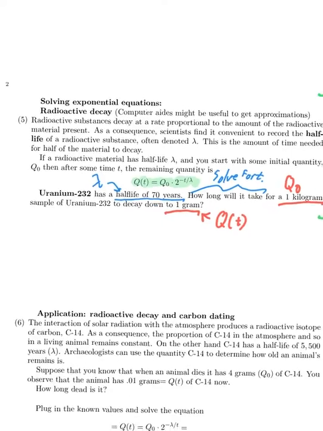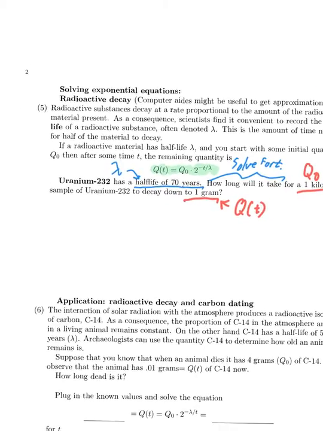So it looks like you want to solve for the amount of time that's passed. So let's just use all that. Apparently we want to solve for t, and let's write down the equation. So the end quantity is 1 gram equals 1 kilogram times 2 to the negative t, the unknown that I would like to solve for, divided by 70 years.